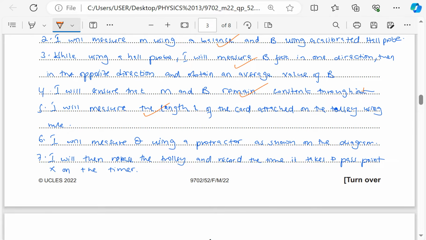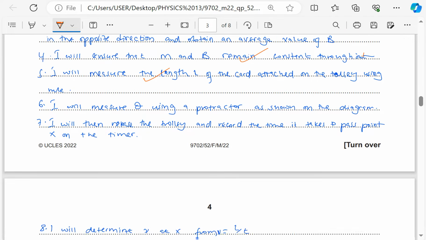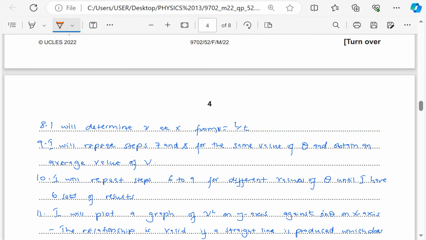This one has already been credited on the diagram. It will not be credited here. I will then release the trolley and record the time it takes to pass point X on the timer. Okay, that is fine. It's already credited. I will determine V from V equals L over T. That will give you a mark.